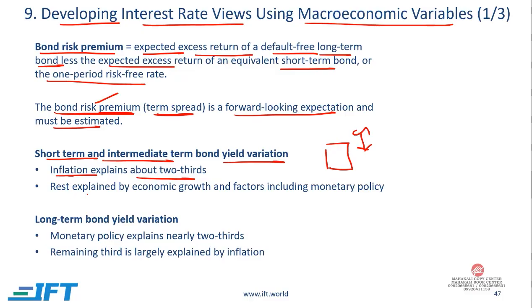The other 1/3 is explained by economic growth and factors such as monetary policy. When we talk about long-term bond yield variation, here the primary factor which explains this variation is monetary policy. In fact, monetary policy explains 2/3 of the long-term bond yield variation, and the remaining third is largely explained by inflation.